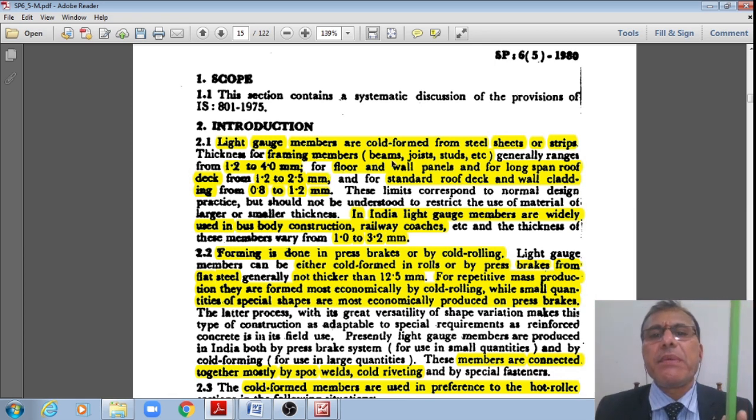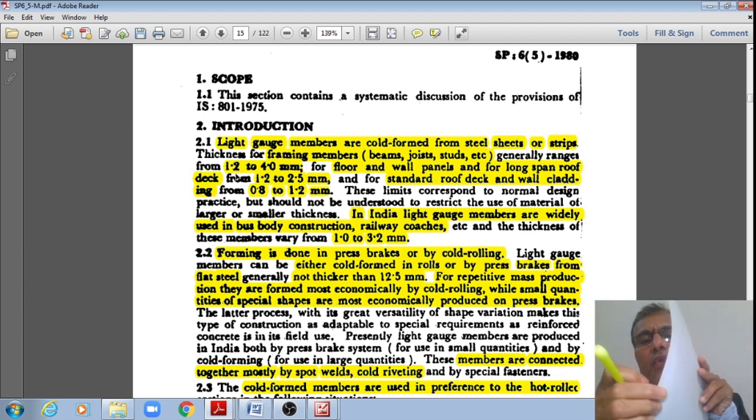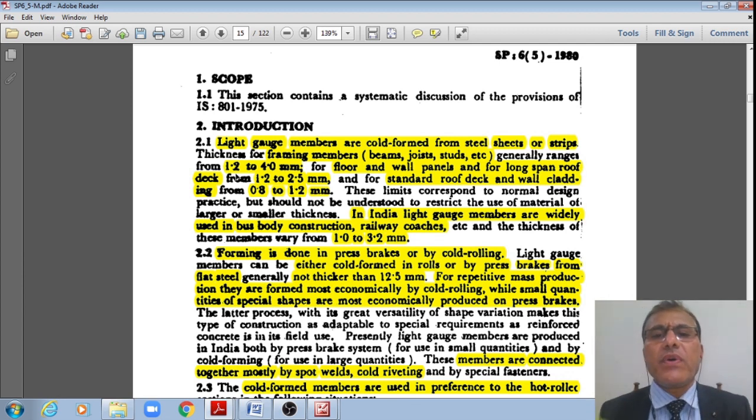The thickness of framing members, beams, joists, studs, etc., generally ranges from 1.2 mm to 4 mm thick. For floor and wall panels, and for long span roof decks, it is from 1.2 mm to 2.5 mm, and for standard roof deck and wall cladding from 0.8 mm to 1.2 mm.